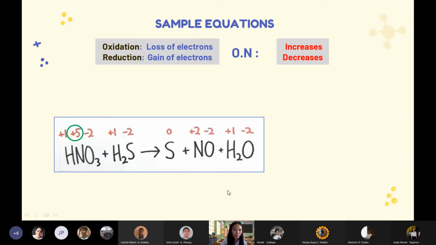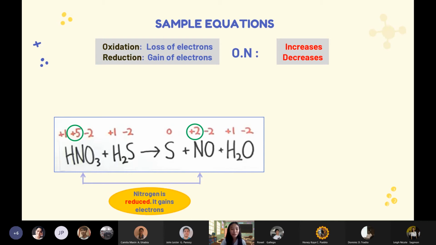Now the nitrogen, look at that. It goes from +5 to +2. That means it is being reduced, since it decreases. And the sulfur goes from -2 to 0.